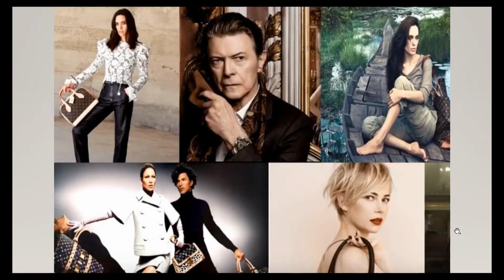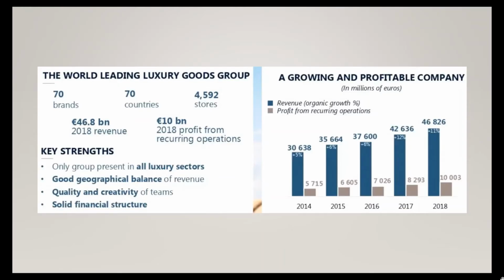The second strength is that LV is endorsed by a high-profile clientele base. Another way to say high-profile clientele base is that LV is endorsed by key influential people in the world. Another strength of LV is that they have very strong financial performance.